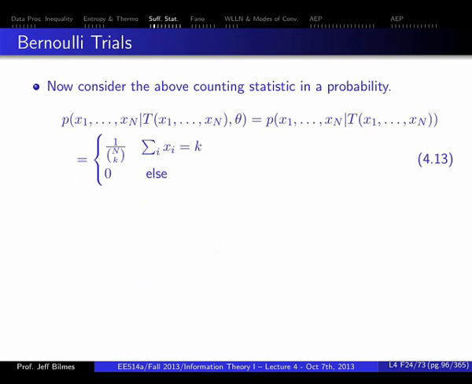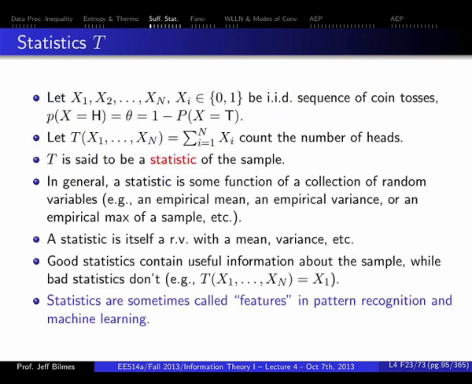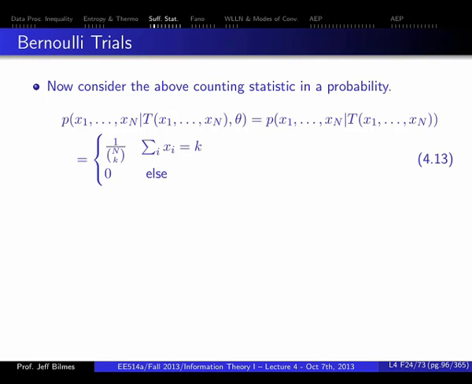Now consider the previously mentioned statistic, this counting statistic. It just counts the number of heads. And let's condition on that statistic. So we have the probability of this sample, x1 through xn, given the statistic, which is this part, and the parameter, which is this part here.